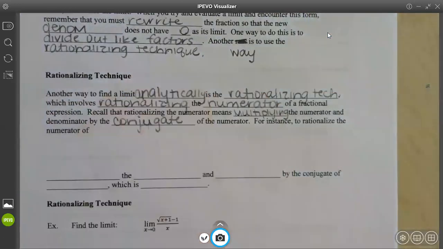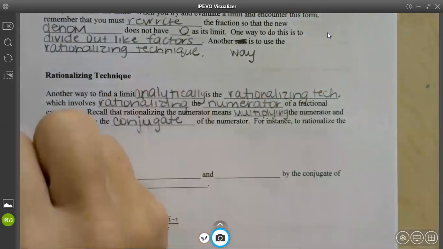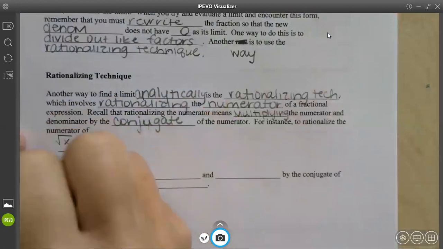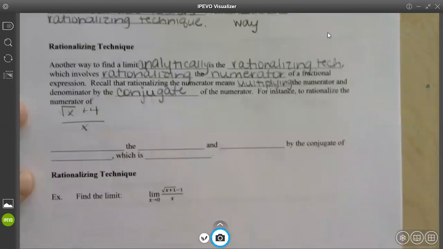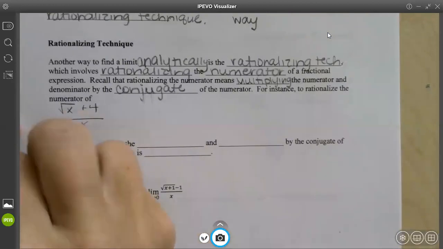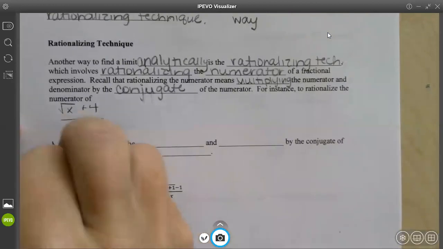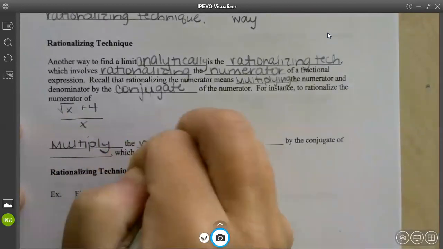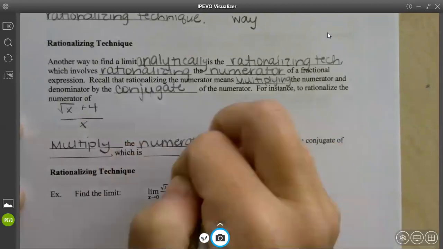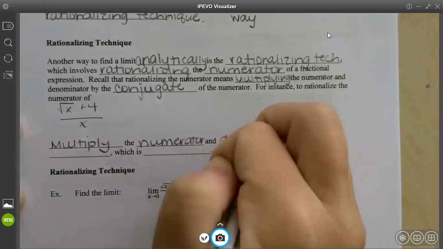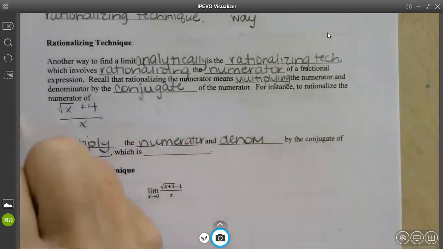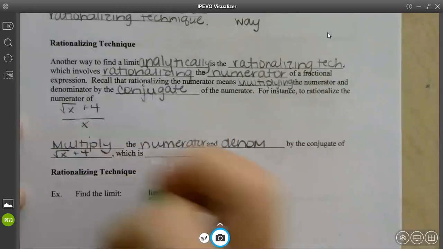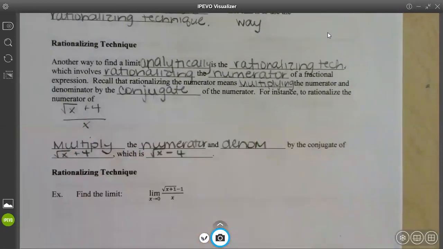For instance, to rationalize the numerator of square root x plus 4 over x, we're going to multiply the numerator and denominator by the conjugate of square root x plus 4, which is square root of x minus 4. So you just change the sign.